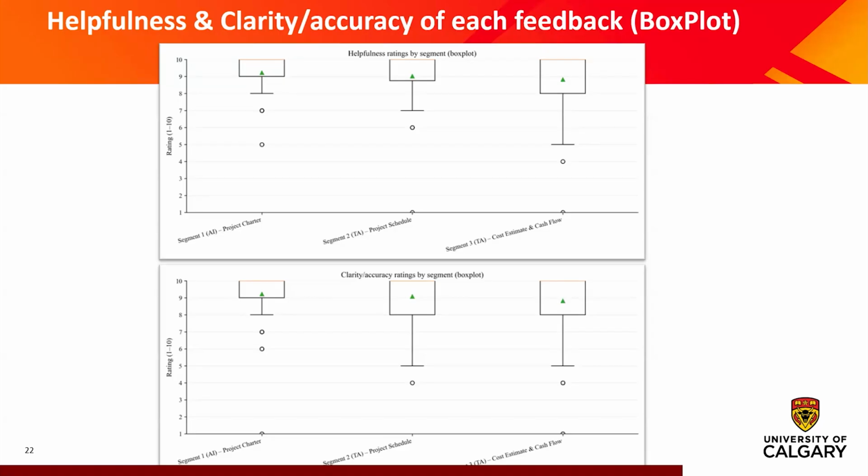So maybe we can say that a smaller box means the feedback was easier for them to understand, or maybe more accurate. A wider box means their ratings were more mixed. So this helps us understand the consistency too. As you can see here, based on this box plot, the first segment received the higher mark.